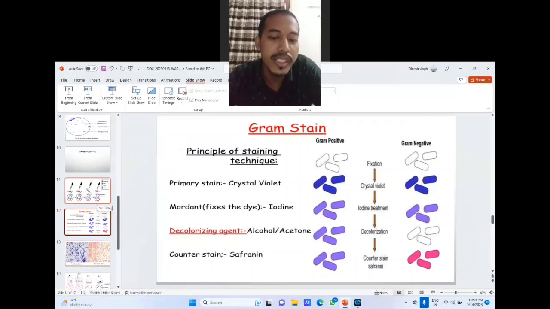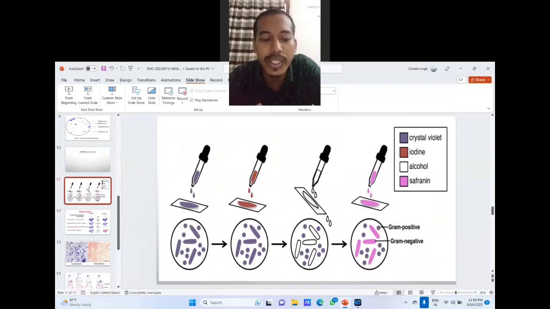The principle behind gram staining is that bacteria generally have two types of cell wall, thick cell wall and thin cell wall. Using gram stain, we can differentiate bacteria majorly into two groups, either gram positive or gram negative, based on their cell wall.